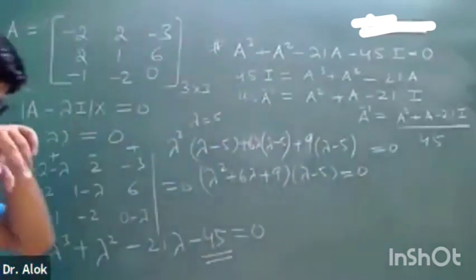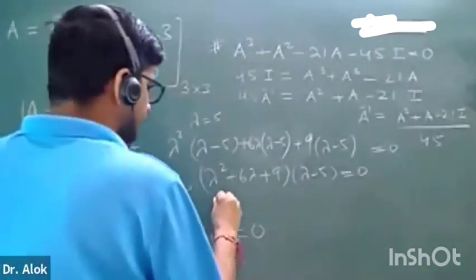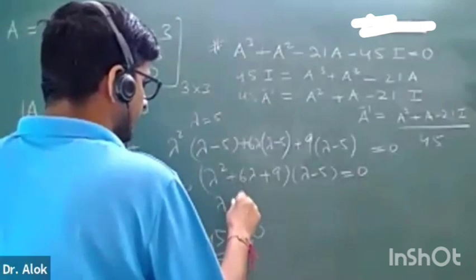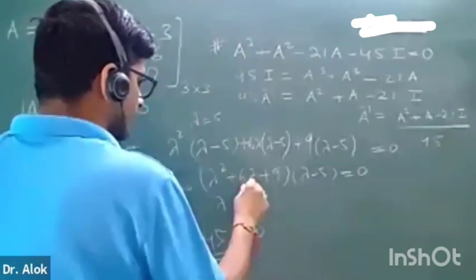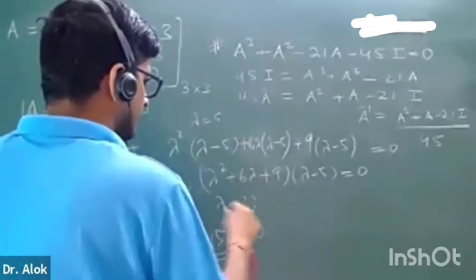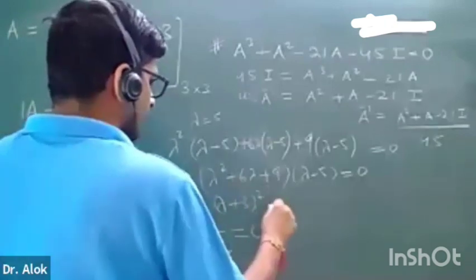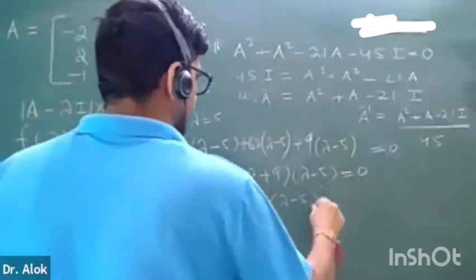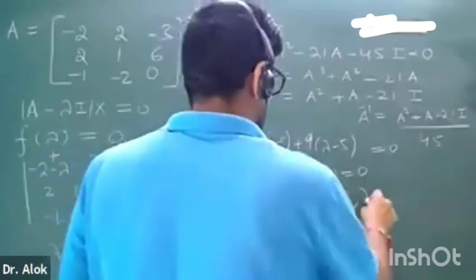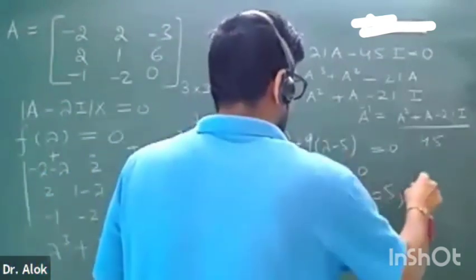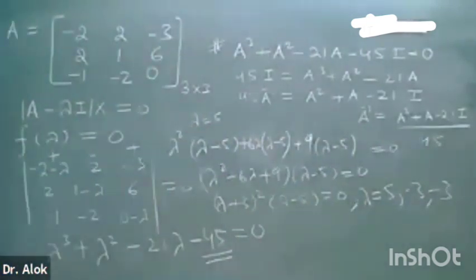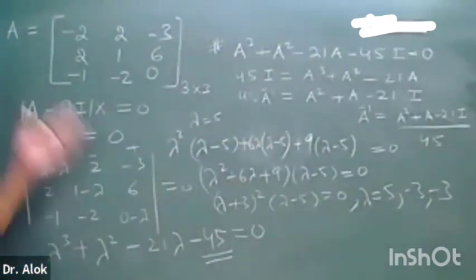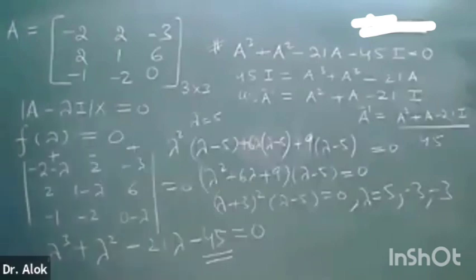Please do this quickly. So you will get lambda plus 3 whole square, lambda minus 5 is equal to 0. So what are the eigenvalues? 5, minus 3, minus 3. Many times this is a previous year question in GATE as well as NET.